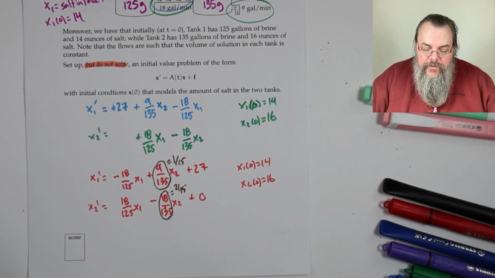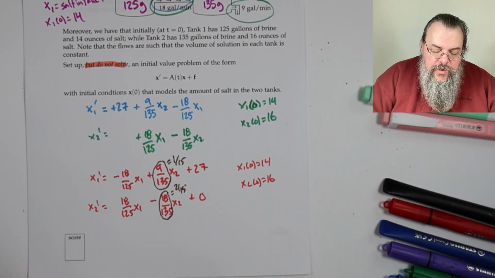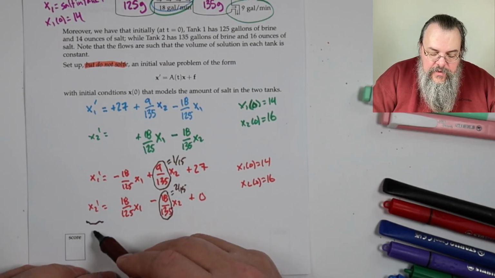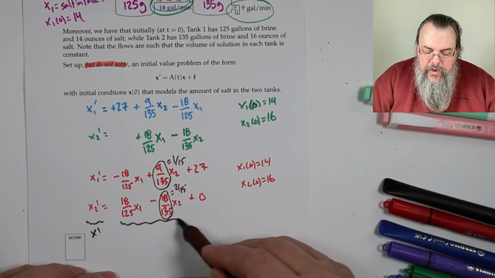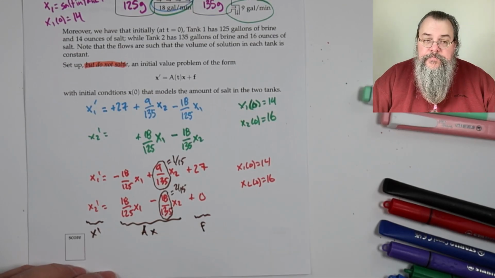And all right, so now we basically can read off our system. This part is the x prime. This part is your Ax. And here's your f.